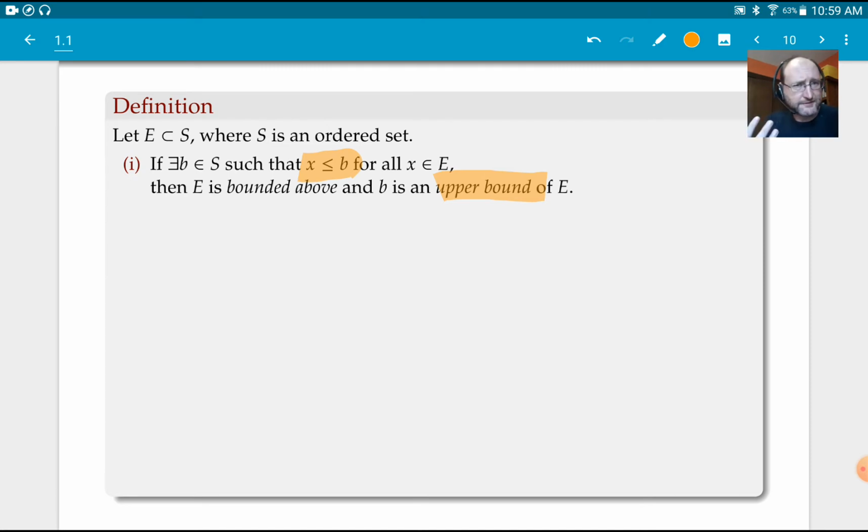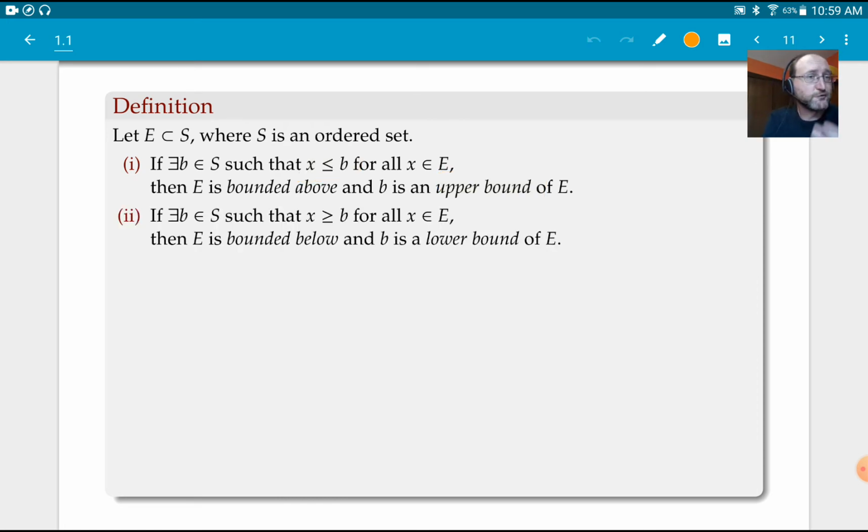It's some element of S, but it is bigger than or equal to every element of E. That's what's called an upper bound. And if an upper bound exists, then E is bounded above.